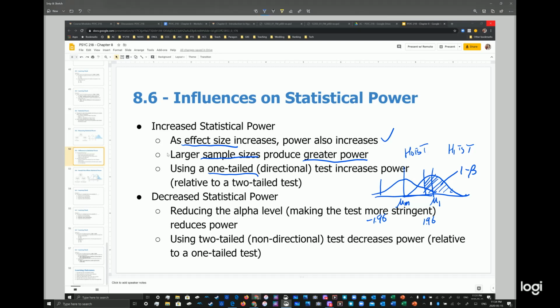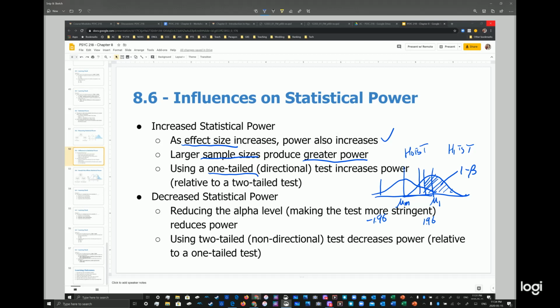But if we change the test, you would do this beforehand, from a two-tailed test to a one-tailed test, you might justify that by saying, well, I've made my prediction, I know what the direction is going to be, or I strongly believe, based on evidence, that I would expect an increase rather than a decrease.